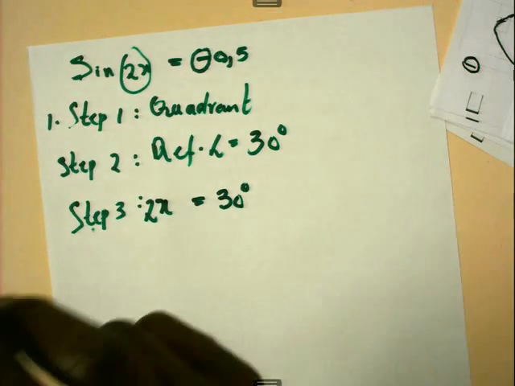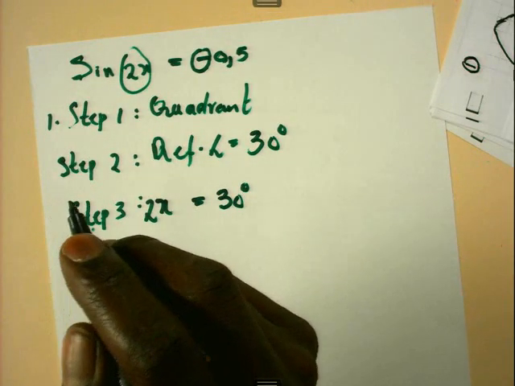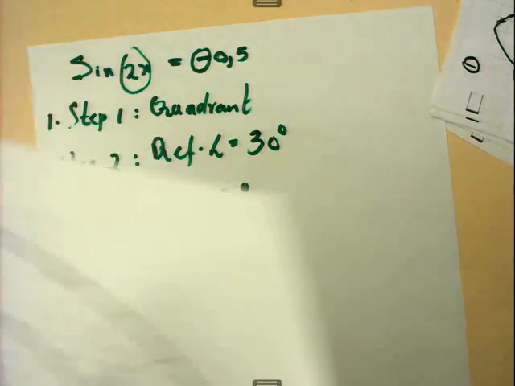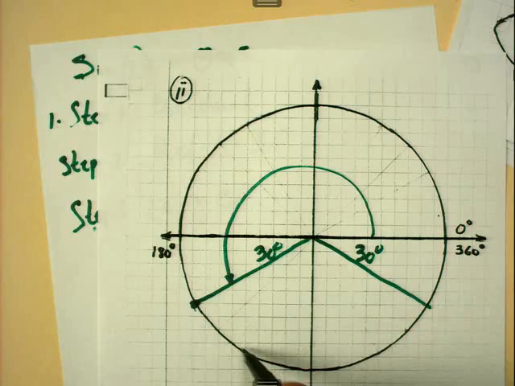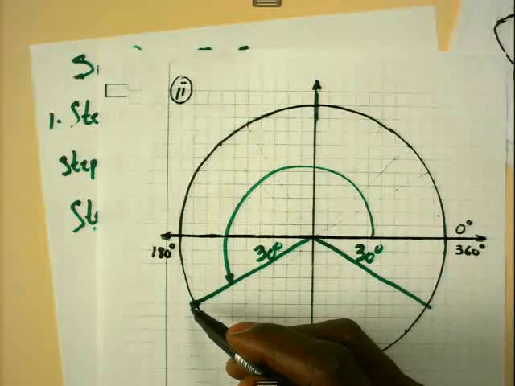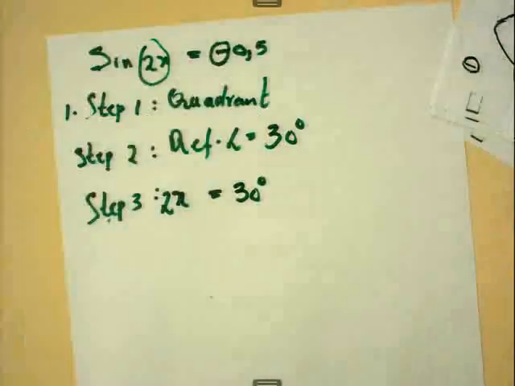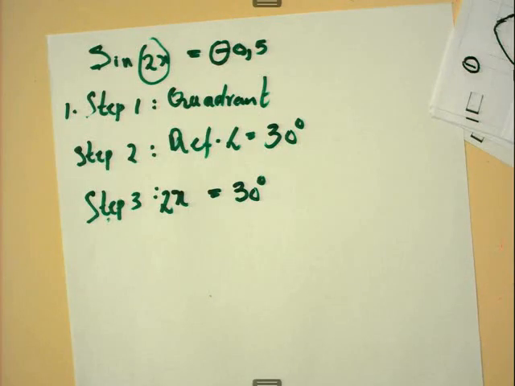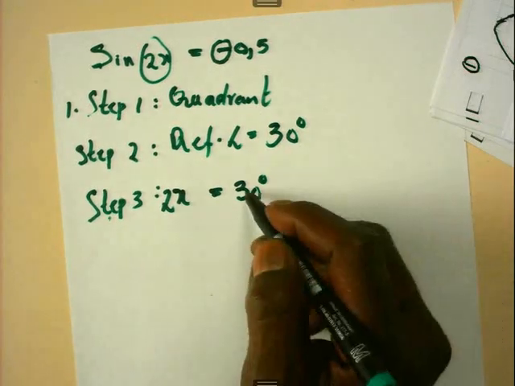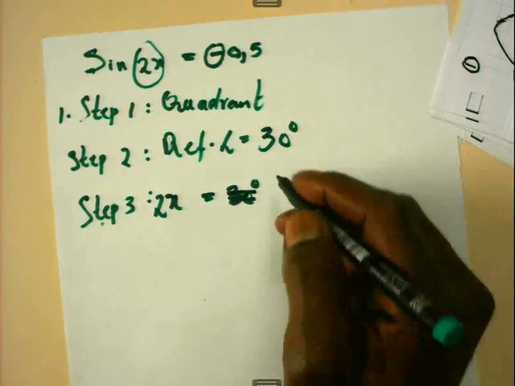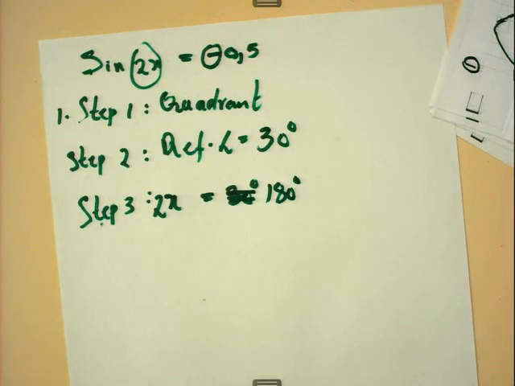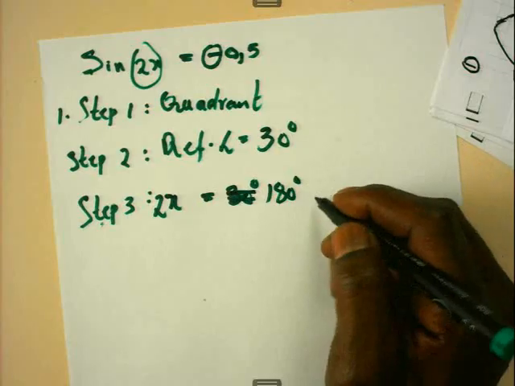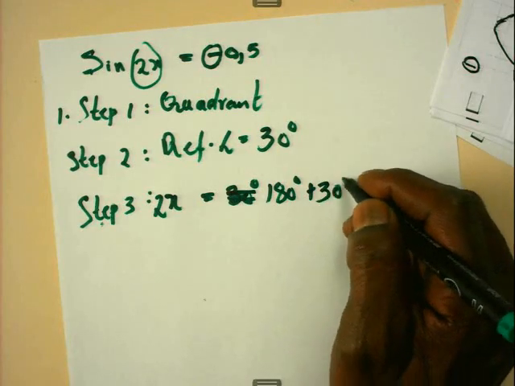But now we can rotate from here 360 degrees and come back. So that is not 30 degrees, my mistake. That is 180 degrees. I'm writing not what I'm saying. 180 degrees plus 30 degrees.